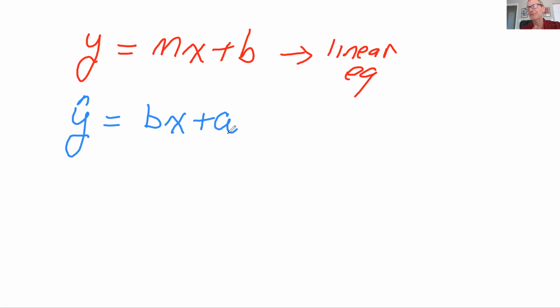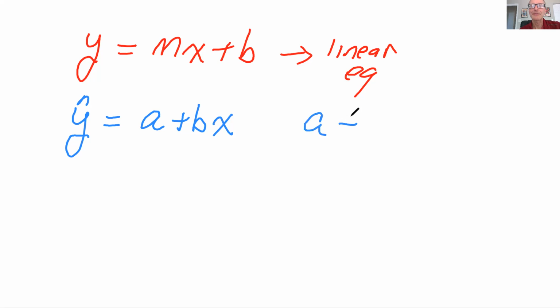I know it drives me crazy, but oops, I had it backwards. Let me try again. I always have to relook at this. It's typically written like this: a plus bx. So I had it right, but I just had it oriented wrong.